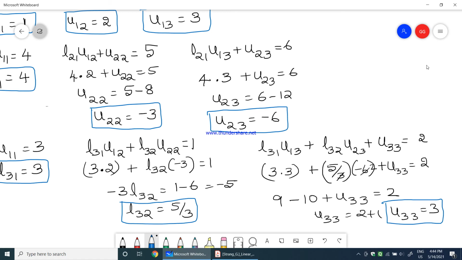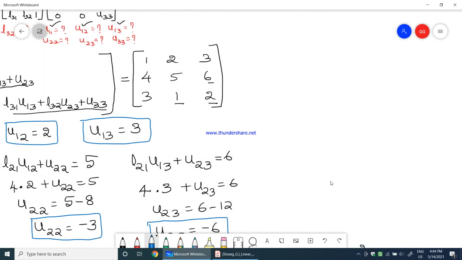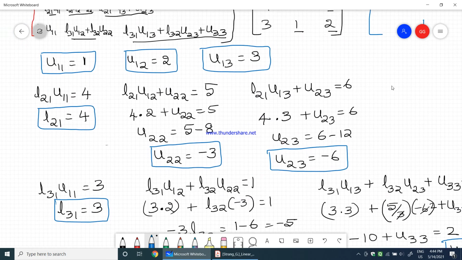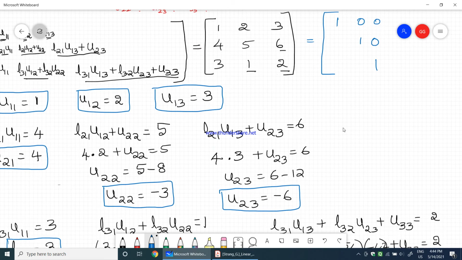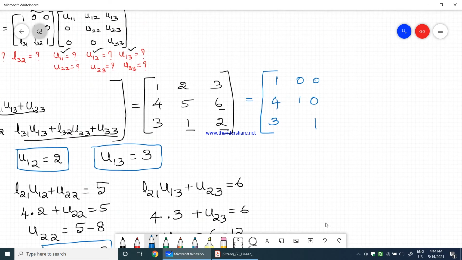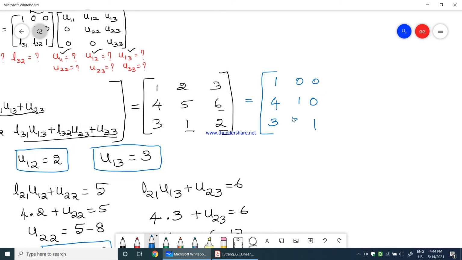Okay, now we got all the values. What we do is put them into L into U. L will have 1 0 0 on the first row; L21 is 4, L31 is 3, whereas L32 is 5 by 3. This is multiplied by the U matrix, which is upper triangular.